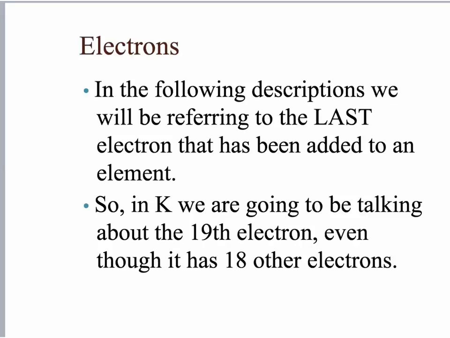In the following descriptions, we're going to be referring to just the last electron that's been added to the element. So in potassium, we're going to be talking about the 19th electron because it's number 19 on the periodic table. We know that potassium has 18 other electrons, but we'll be talking about its last electron.